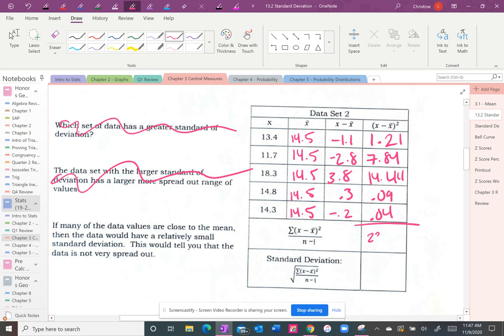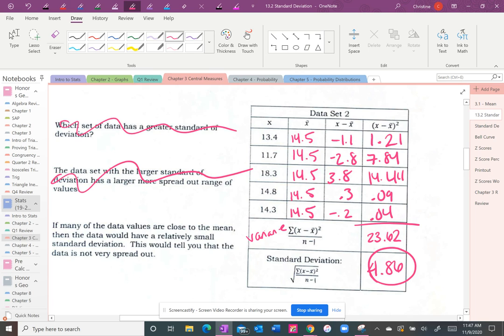I get 23.62. My dogs are going to bark now. Remember, that's the variance. And then to find the standard deviation, you just take the square root of this. So the standard deviation is 4.86. And that's all we're doing.